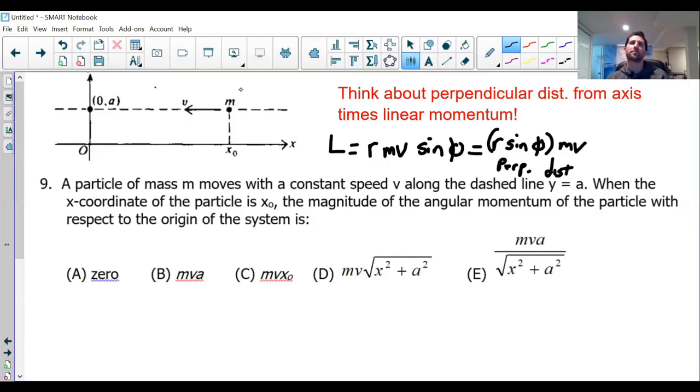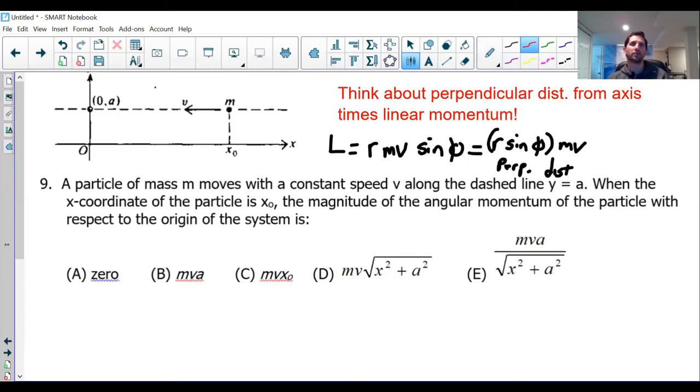Look at the picture. Here's the line that the thing is moving along. Here's what I want you to imagine. Draw a line that intersects that dotted line, that goes through the origin and makes a 90-degree angle with this dotted line. Well, the only way to do that would be this.